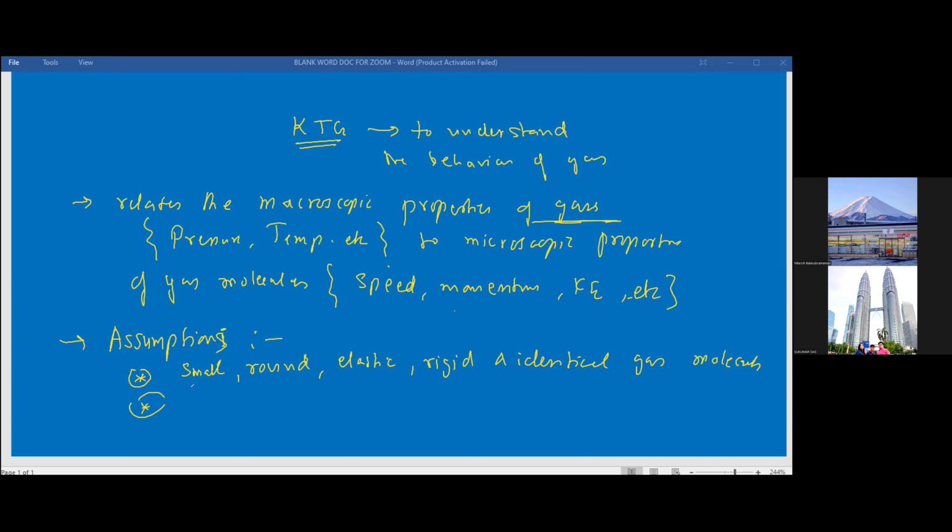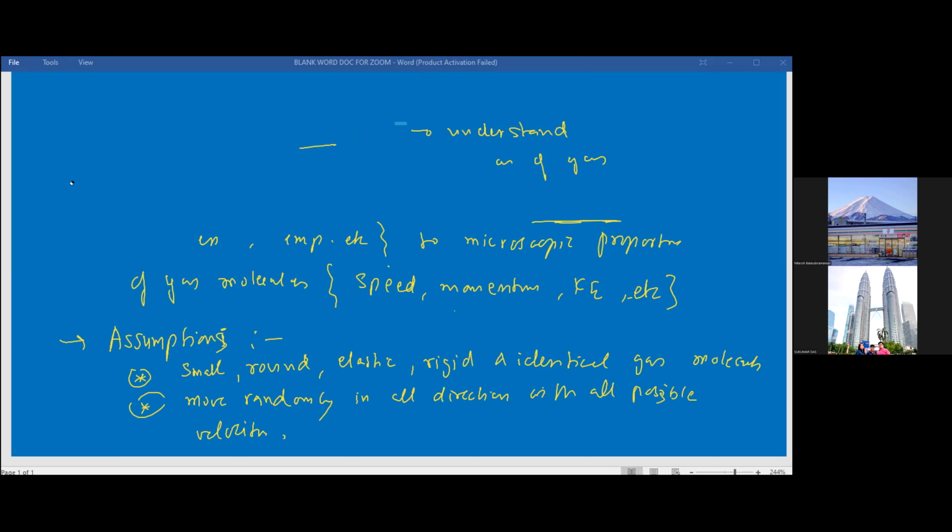These gas molecules move randomly in all directions with all possible velocities.